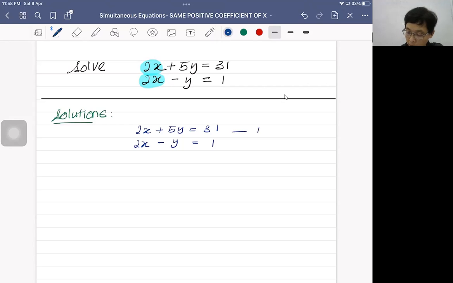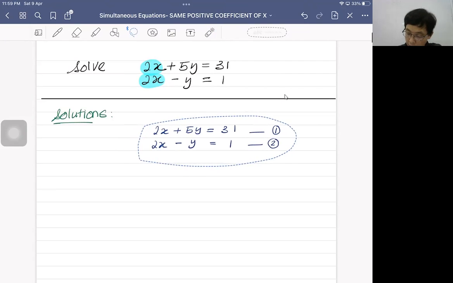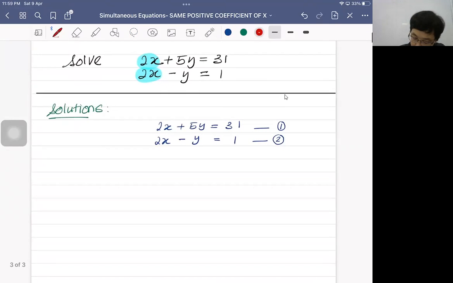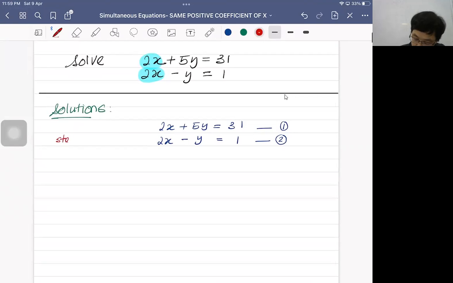Don't worry about what names to use, because you're going to use 1 and 2. Then, with the convenience of the same coefficient, we're going to eliminate them. Let me put it aside, okay? And I want to coach you with the steps here, all right?